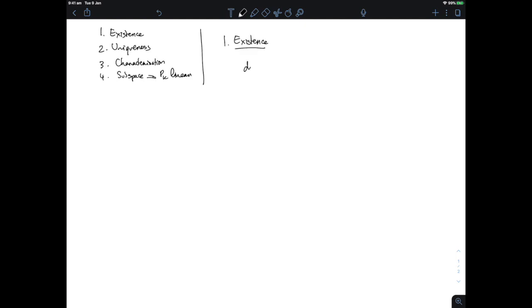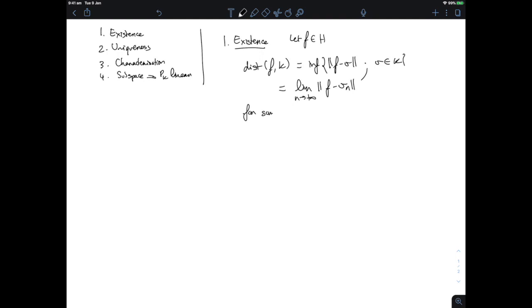So let's give ourselves an f in H. The distance between f and K is, by definition, the infimum of the norm of f minus v over v in K. So we can get that as a limit of a sequence of norms of f minus vn, for some vn in K. Let's give ourselves a little bit of notation.